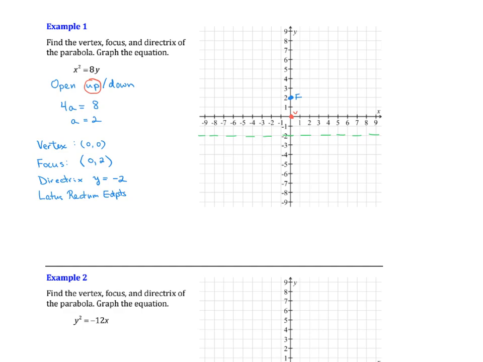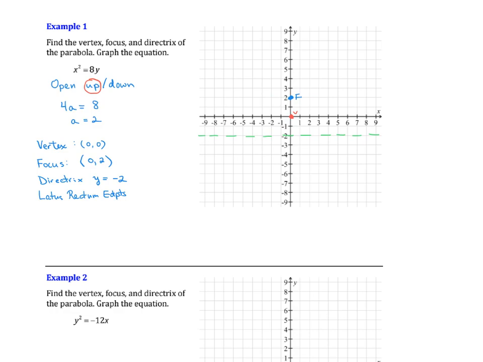We know that the latus rectum has the same y-coordinate as our focus. How do I know that? It opens upward, so the latus rectum is horizontal.